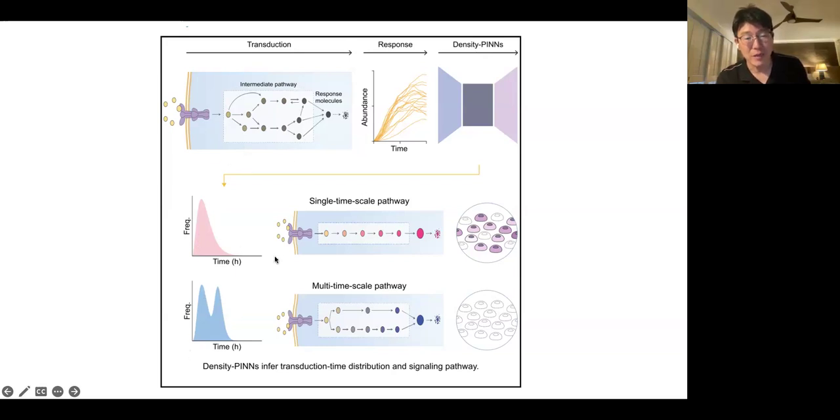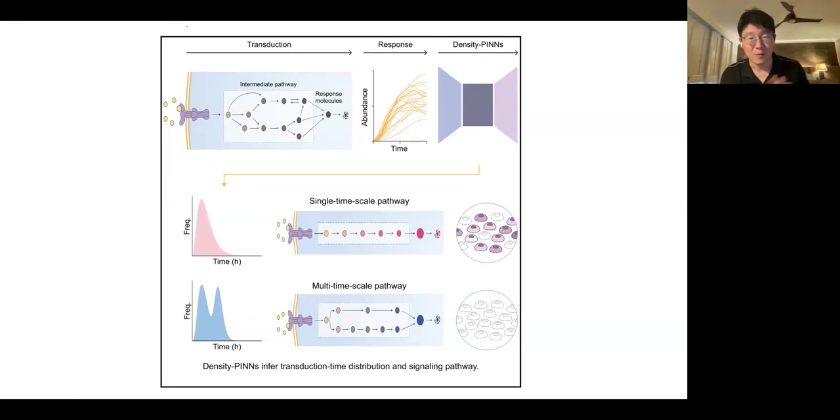And from this time delay distribution, we will be able to identify the underlying structure of this signaling pathway. And from this, we can tell in which case a cell will show a homogeneous response to the extracellular signal or heterogeneous responses. So this is the first part of my talk regarding the pin.